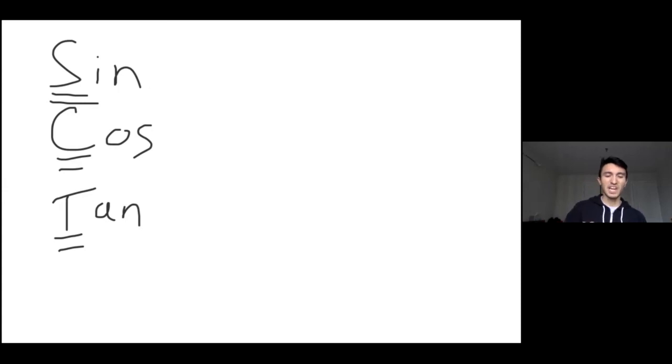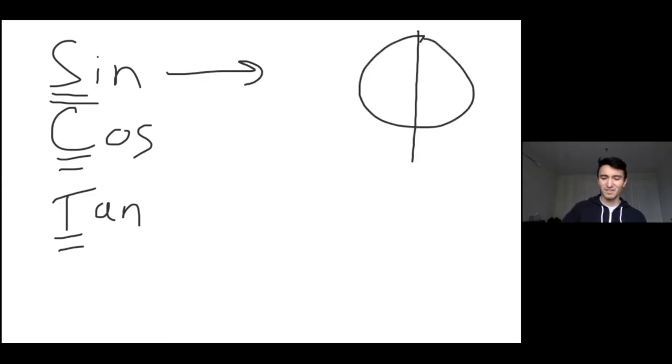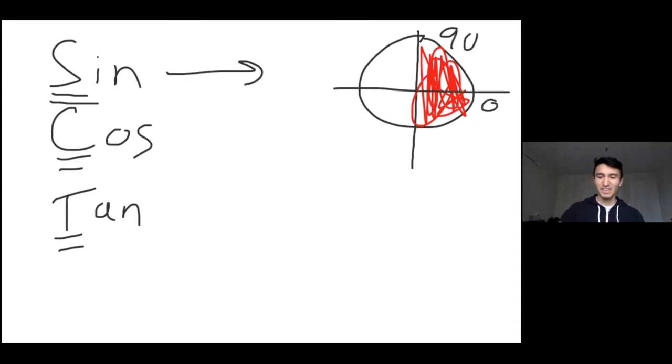It just says if you have capital Sine, you're only doing the part of the unit circle that's right here, the shaded in red part. So that would be from 0 to 90, right? Because we just looked at it real quick, from 0 to 90, and then from 270 to 360. Okay, so that's with capital Sine. With capital cosine, they want you to do just 0 to 180.